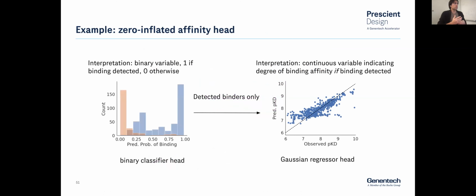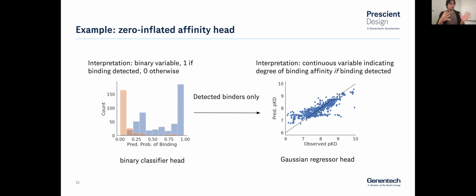So this is just a bit more of a concrete example. As Nate mentioned earlier, our model has two high-level components, a generative component and a discriminative component. The discriminative component can be further subdivided into different objectives, and then within those objectives, classifier heads and regressor heads.